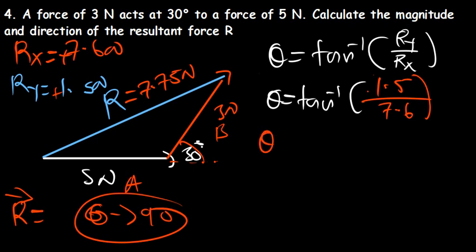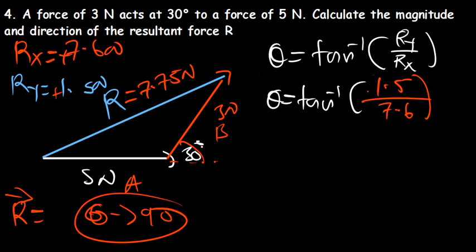So theta will be equal to tan inverse. In fact, let me just plug in the values directly here. You press shift tan inverse, then open the brackets, 1.5 divided by 7.6, and close the brackets.